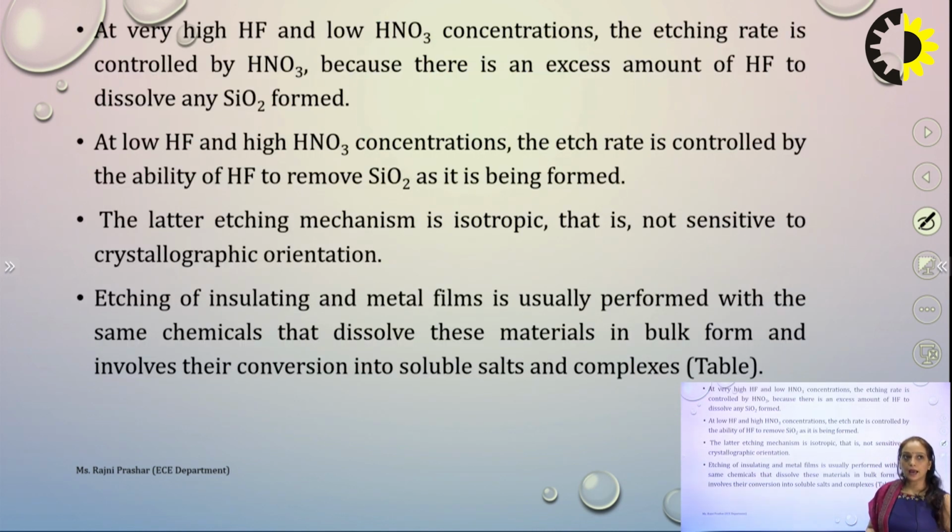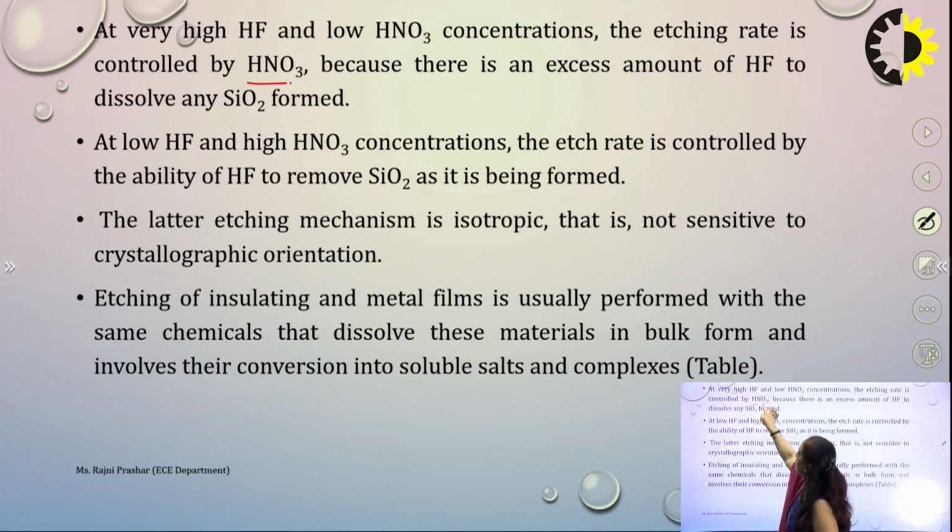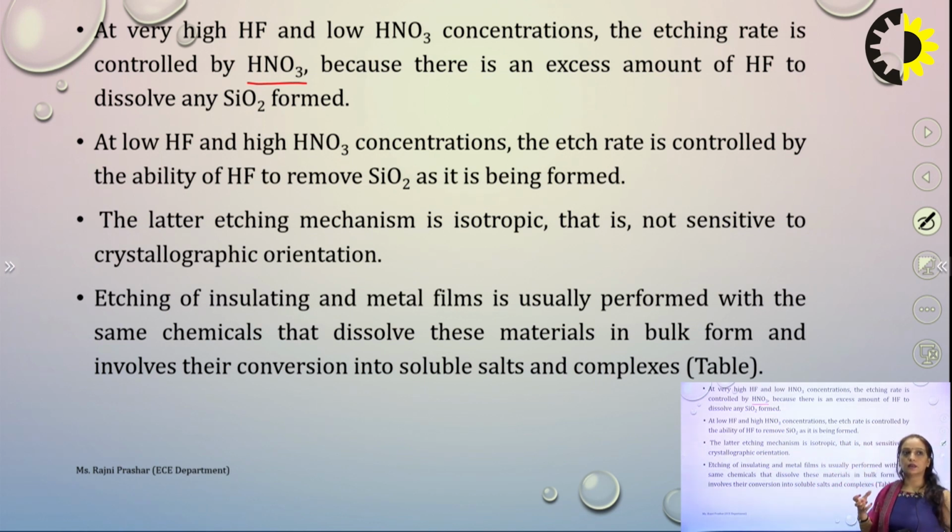At a very high hydrofluoric acid and low nitric acid concentration, the etching rate is controlled by HNO3. We have seen that HNO3 controls the reaction, since it is the part that generates the oxidized silicon.